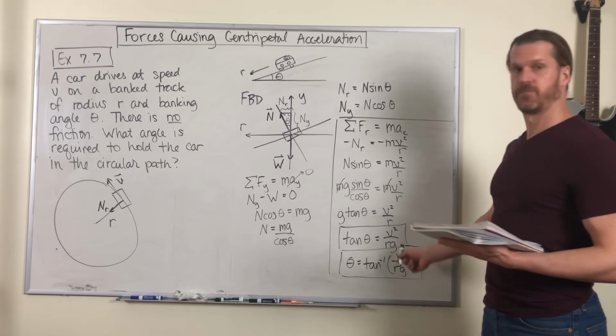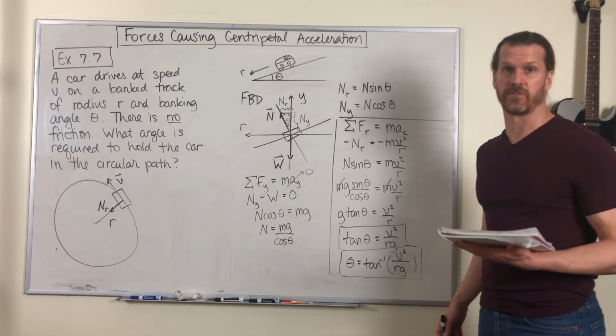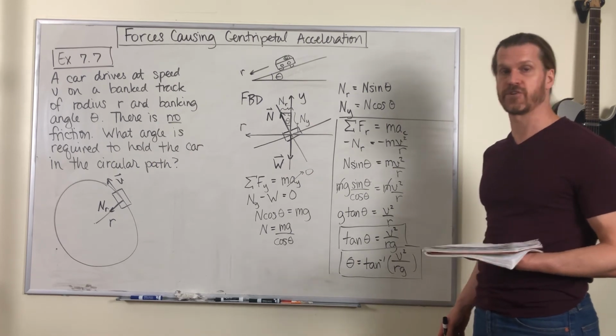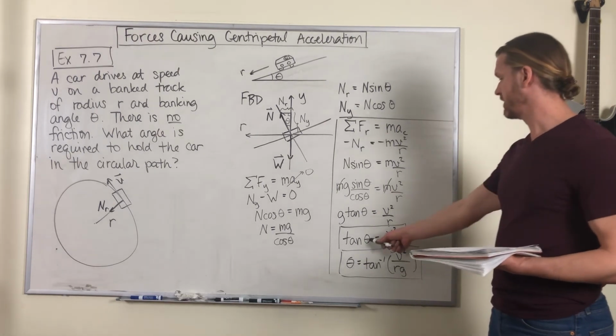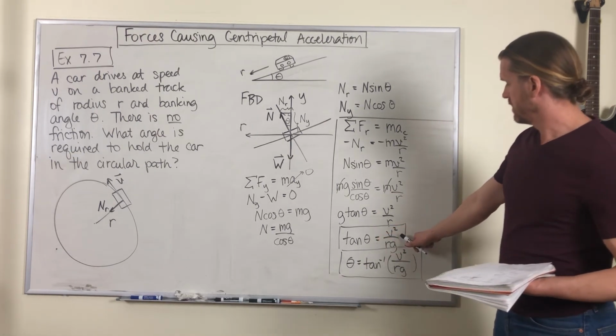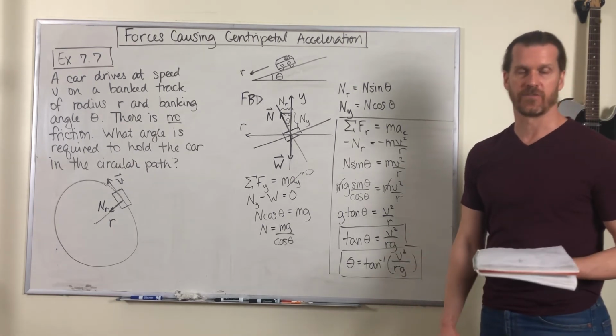This is actually kind of a similar expression to what we found in the previous example, where we were using friction to hold the car in a circle. Once again, we find that this depends on the speed and depends on the radius of the circle.